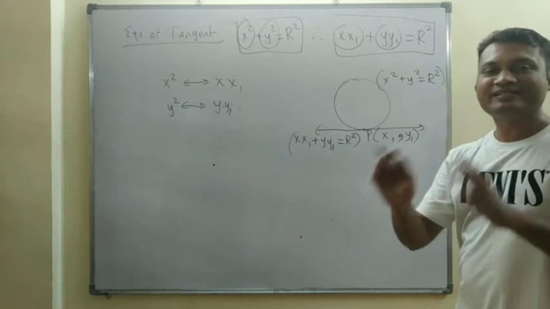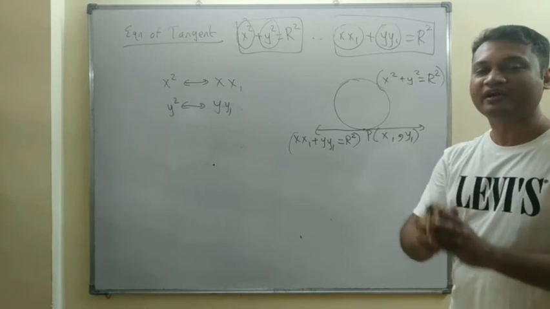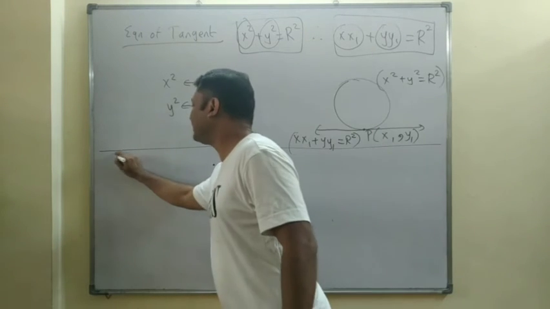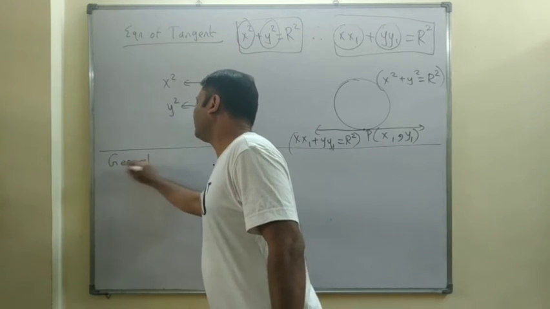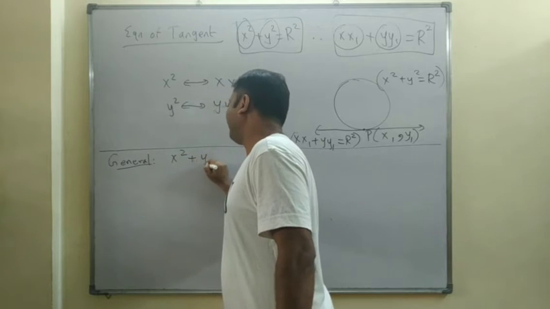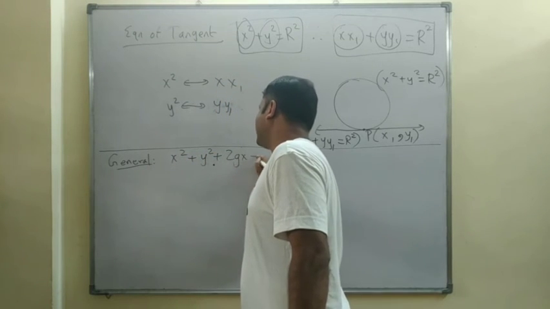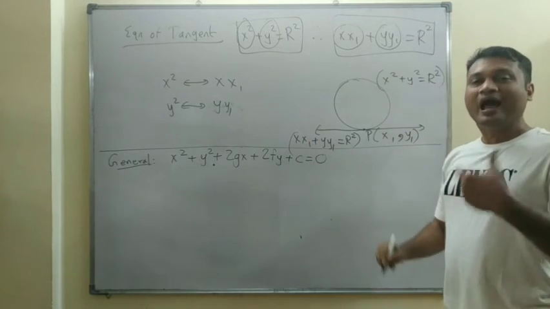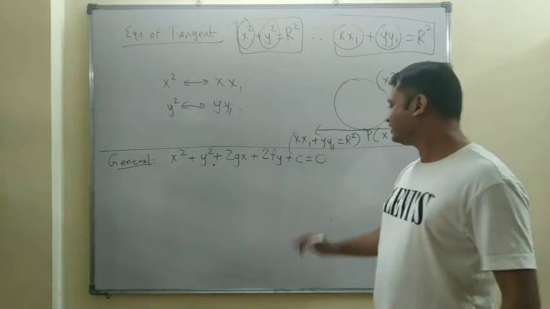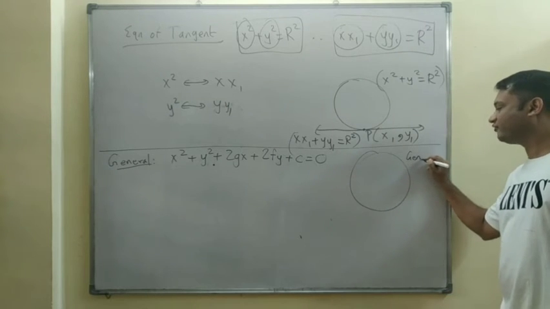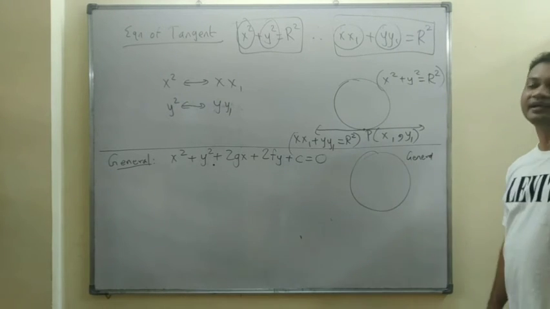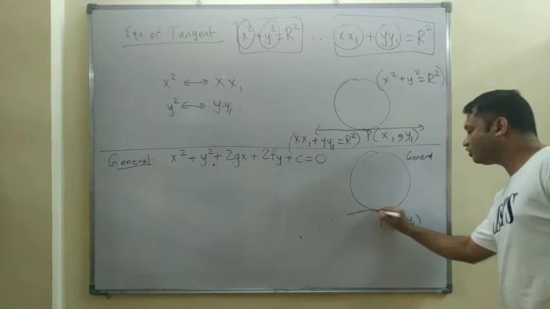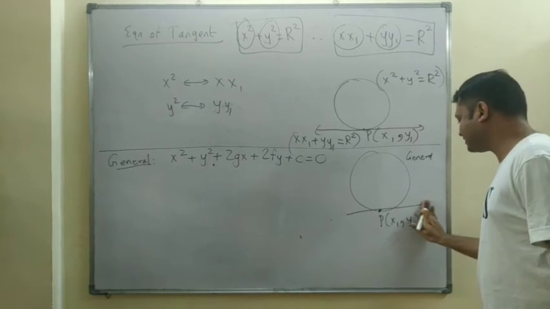So if we do the same kind of derivation for the general equation of a circle, what is the general equation of a circle? The general equation of a circle is x square plus y square plus 2gx plus 2fy plus c is 0. So here, how will we get the equation of the tangent? Suppose this is the general equation of the circle which I have written here, and we have a point P which is (x1, y1). I want to find the equation of the tangent at this point.